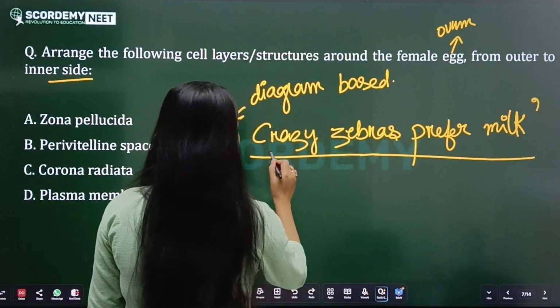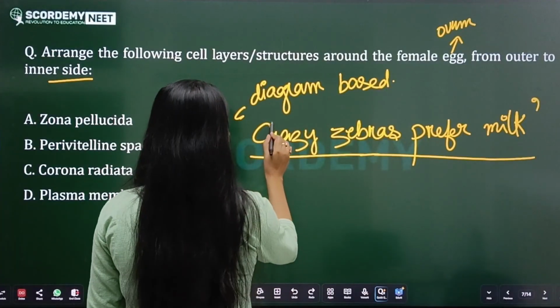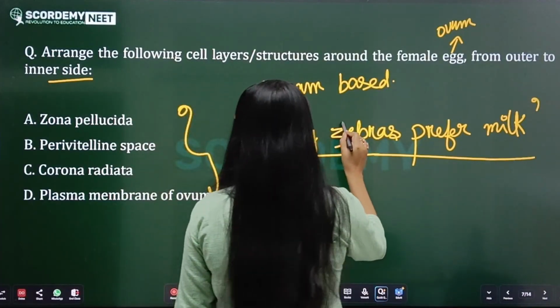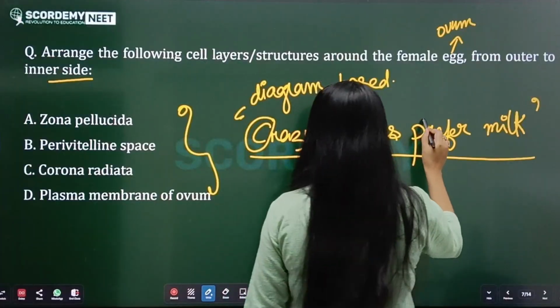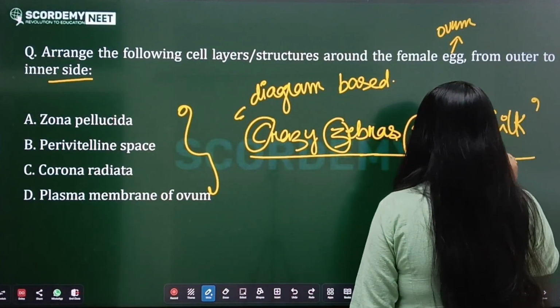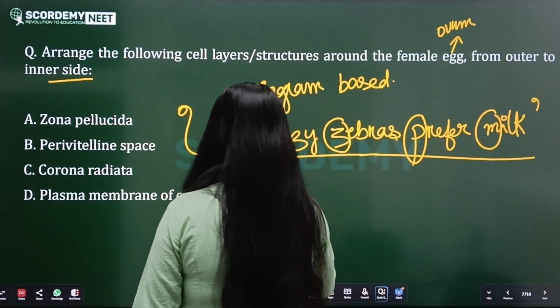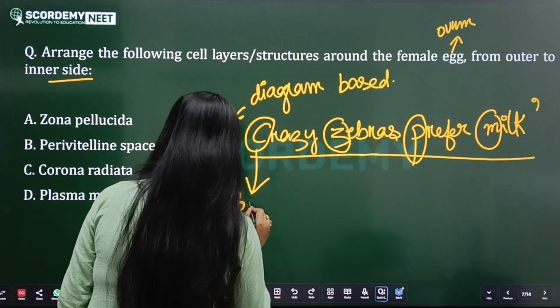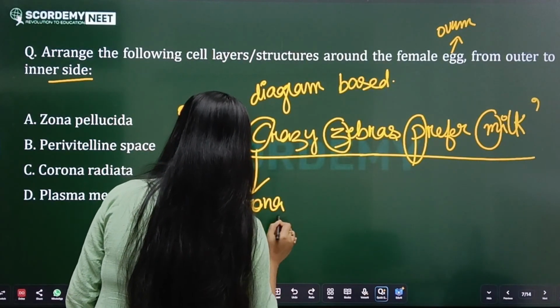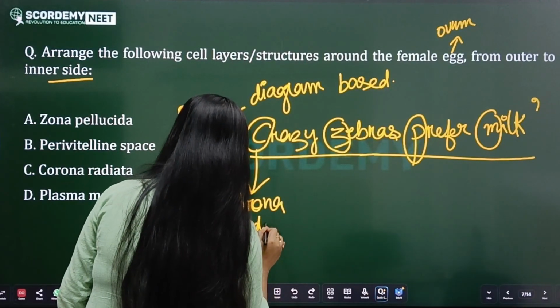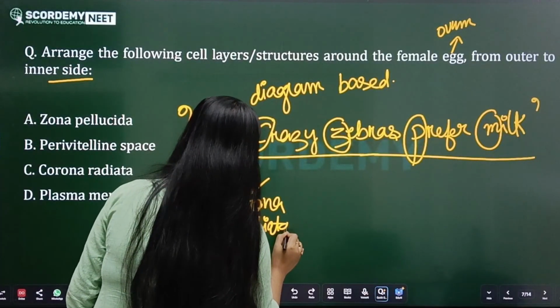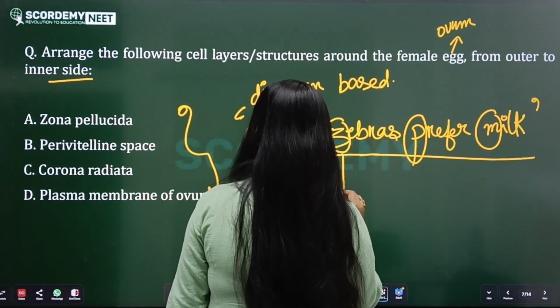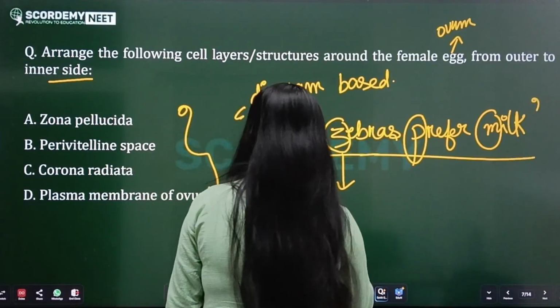Crazy zebras. So here the trick lies in the first letter of each word. C for corona radiata. Z for zona pellucida.